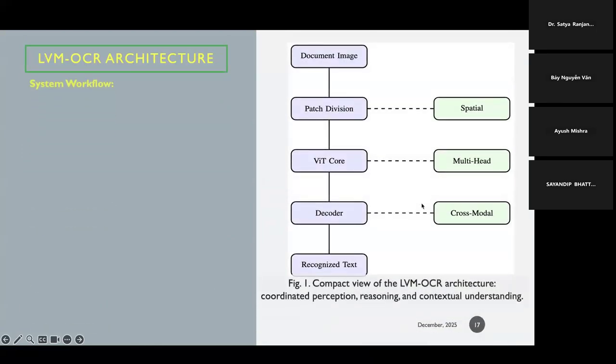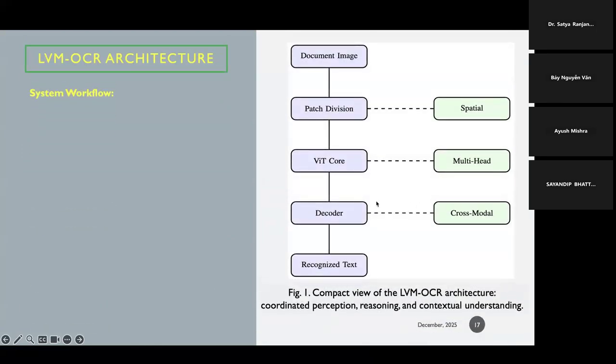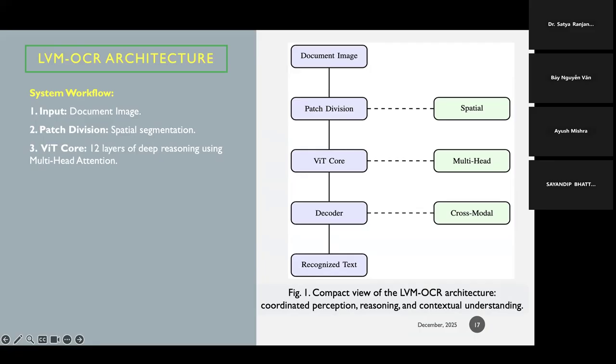Okay, so now let's open up the black box and see how LVM-OCR actually thinks. How does it turn a messy image into structured text? It's not magic. It's a four-step journey. The process goes from picture to meaning. It starts when we feed the document image into the system.